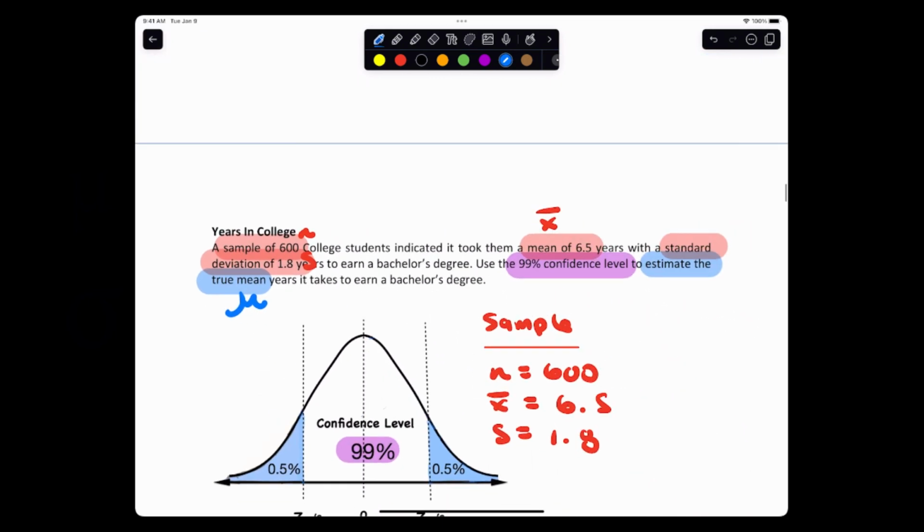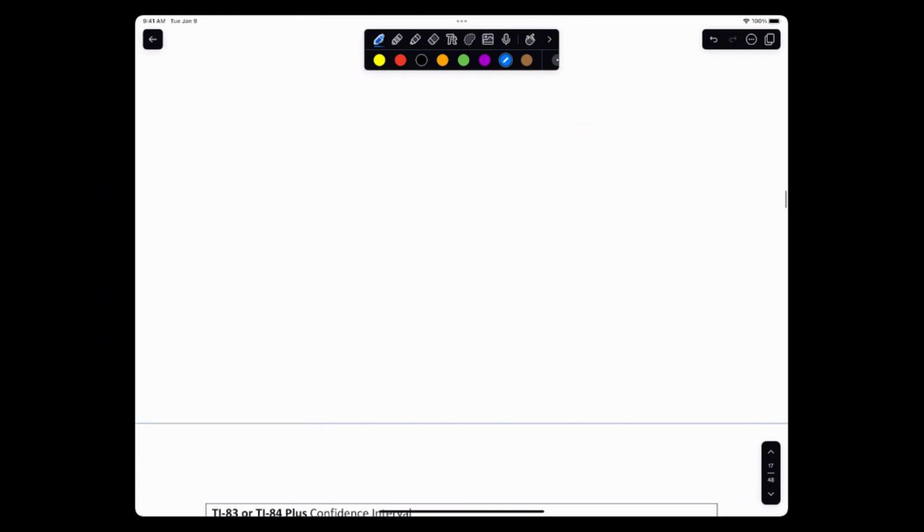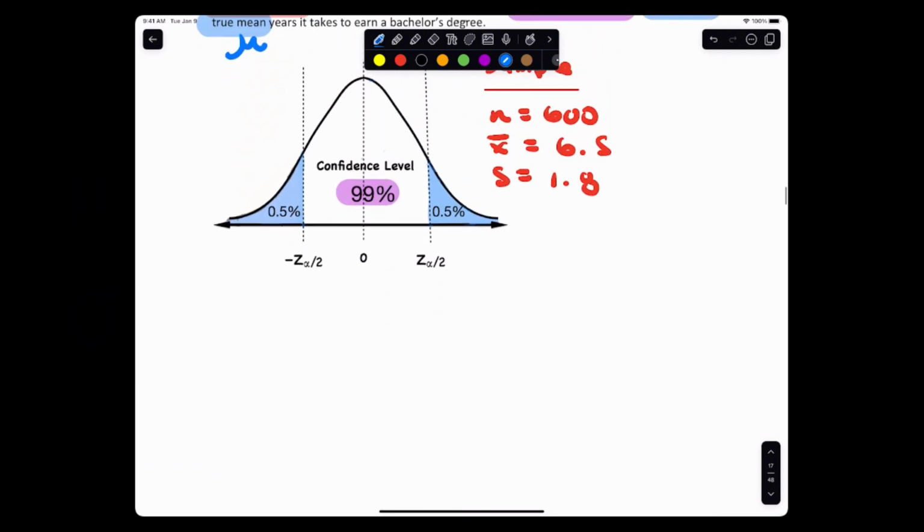Now, really, back in the day, I'd have students write down the sample mean minus the error less than mu less than the sample mean plus your error.